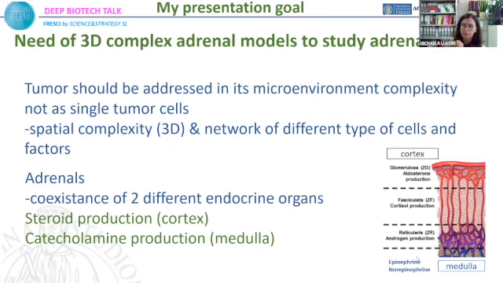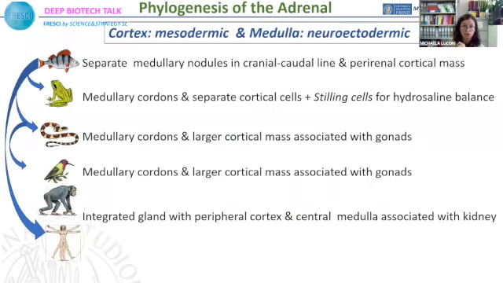The cortical part with its steroidogenic activity, and also the medullary part more in the center of the structure, which produces catecholamines, epinephrine and norepinephrine. So in this sense, it's really very important to study this type of complex organ in a 3D structure.